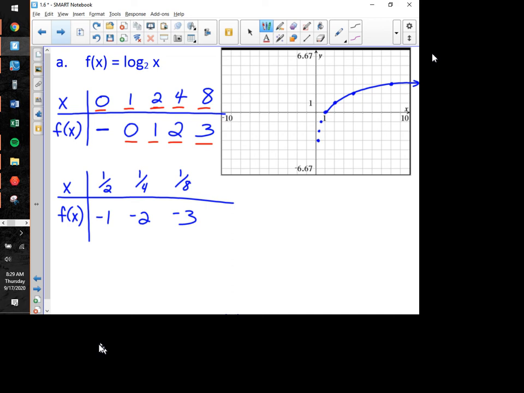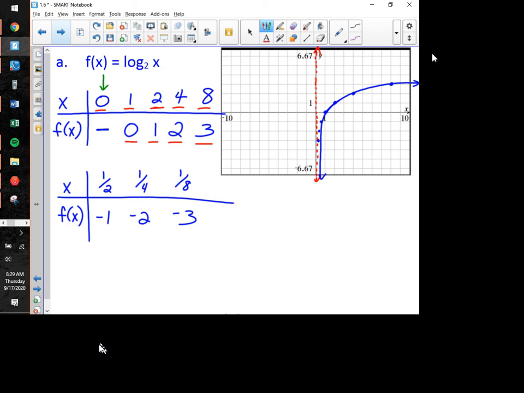We can't, because on the y-axis your x-coordinate is 0, and we made a point of saying that 0 is not in the domain of this function. So what we have now, everybody, is a vertical asymptote at the y-axis. It matches the definition a lot of you are comfortable with, a line that your curve approaches but doesn't necessarily touch. And so this logarithmic graph is going to look something like that.